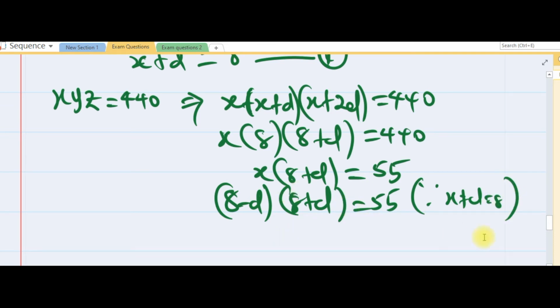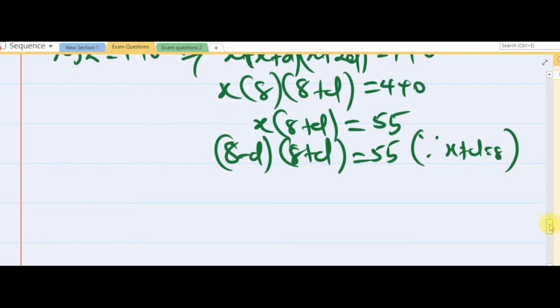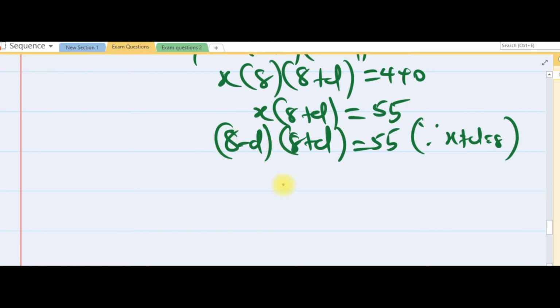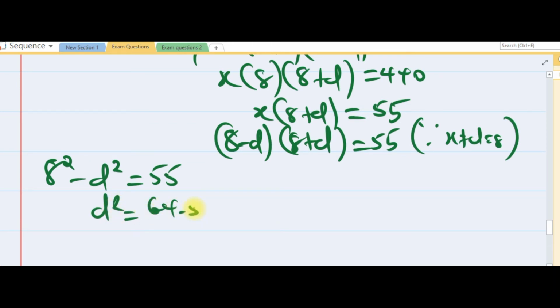So that's why we now substitute wherever we see x, call it 8 minus d. And looking at it, we have a difference of two squares, so we have 8 squared minus d squared equals 55. So d squared is now 64 minus 55, because 8 squared is 64, and 64 minus 55 is 9.